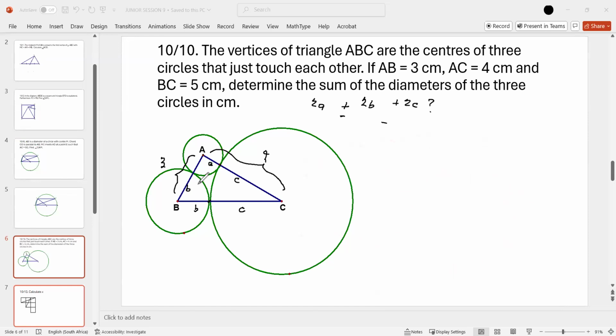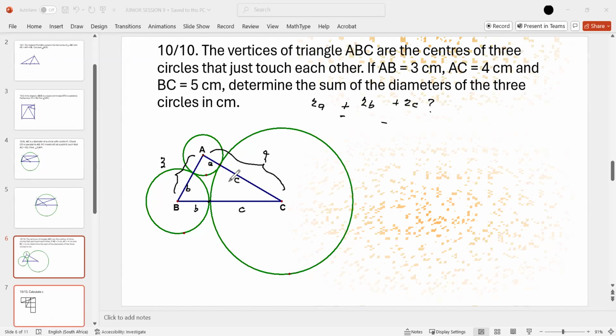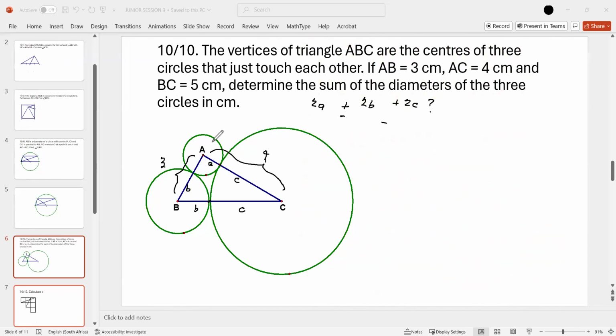That's what's called the radius. Okay, now we've got some equations here because we are told that BC is also equal to 5. Right, so what have we got? Let's write down the equations. Here, this is also A, going from here to here. So if you look at this length here, A plus B is equal to 3.